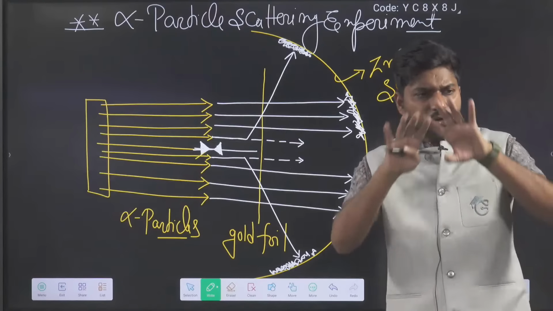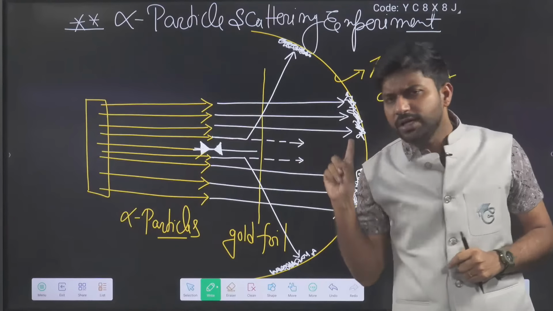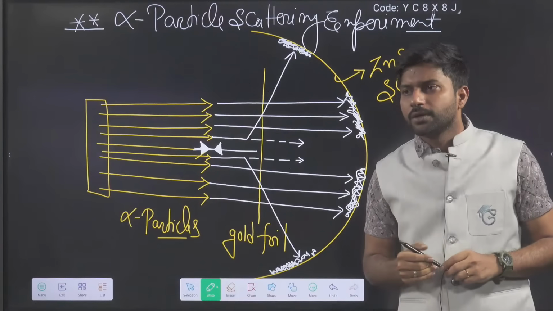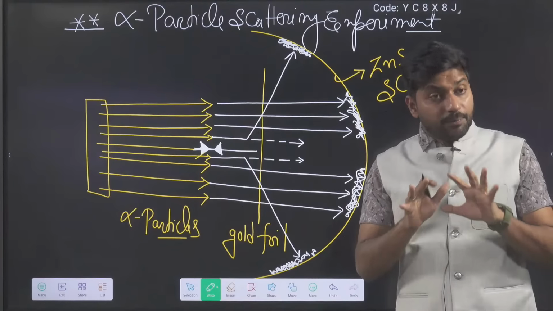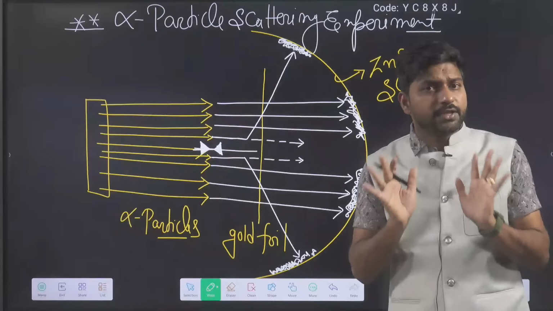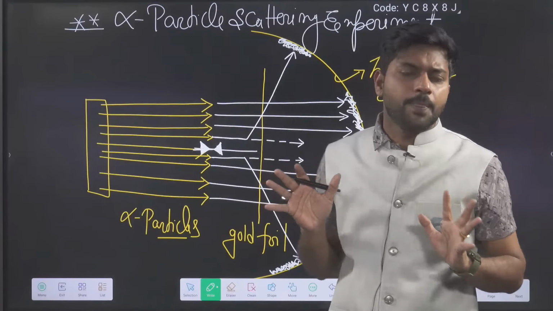The observation is that in a huge amount of alpha particles, only one took a U-turn. Just remember that. This was the experiment, and that was the analysis of the experiment. Till this point Rutherford has now reached.